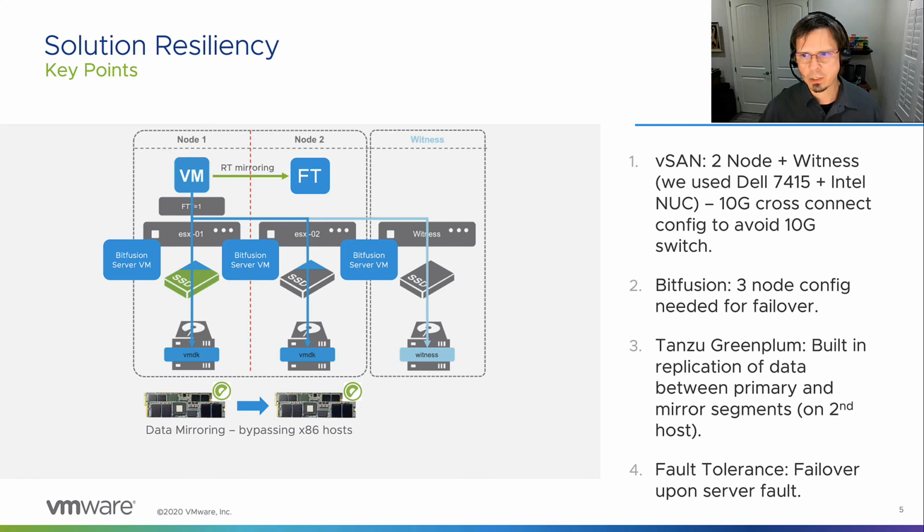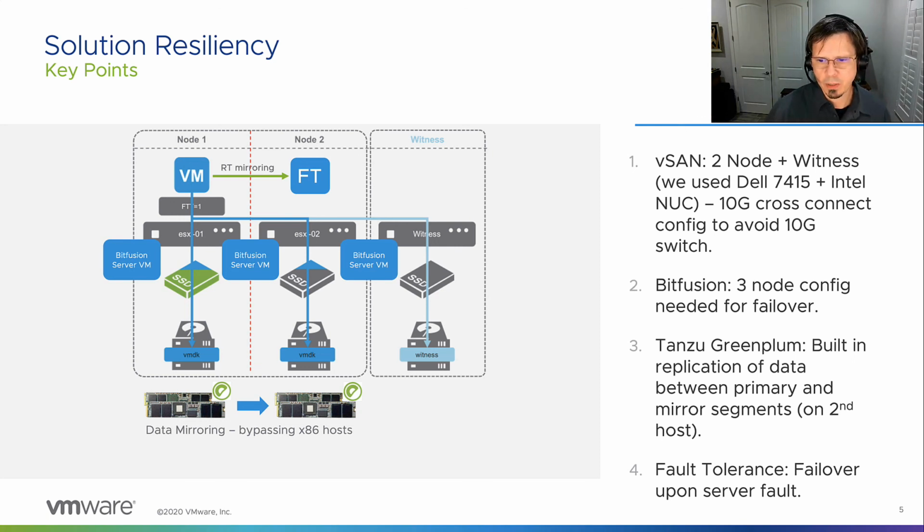So this combination of technologies, vSAN, fault tolerance, the Tanzu Greenplum data mirroring, and lastly, the Bitfusion quorum resiliency itself, they all function together to make this solution able to recover from a complete failure of one of the 2 nodes.